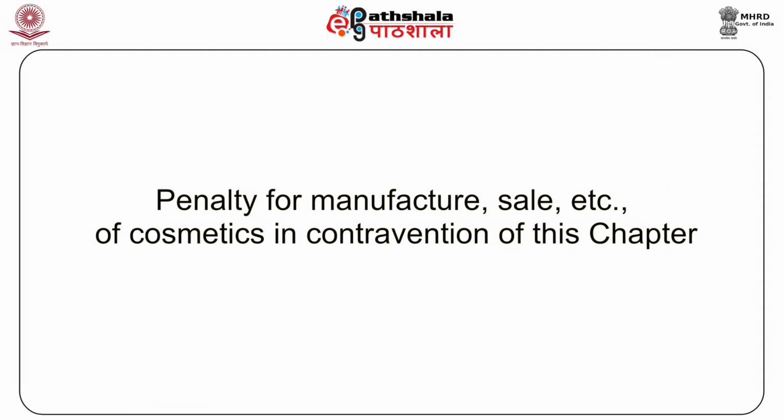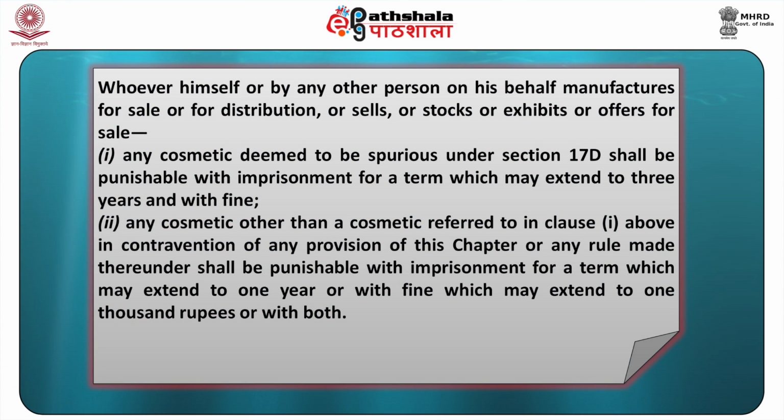Penalty for manufacture, sale, etc. of cosmetics in contravention of this chapter. According to section 27A, whoever himself or herself or by any other person on his or her behalf manufactures for sale or for distribution, or sells or stocks or exhibits or offers for sale any cosmetic deemed to be spurious under section 17C shall be punishable with imprisonment for a term which may extend up to 3 years and with fine.